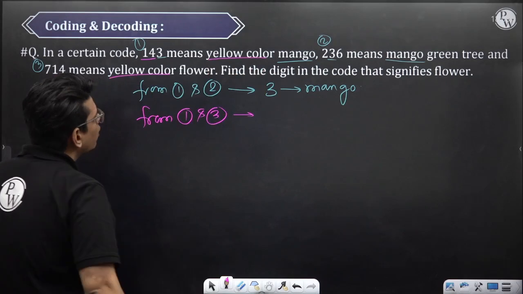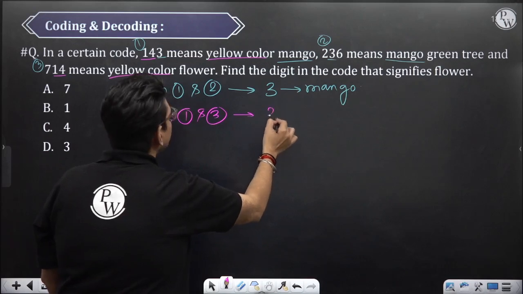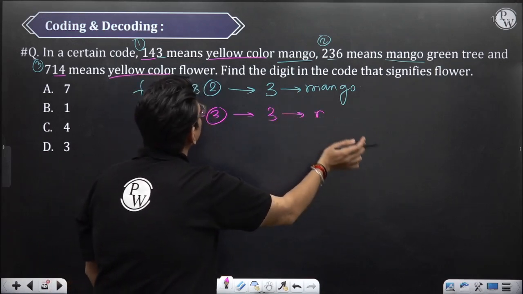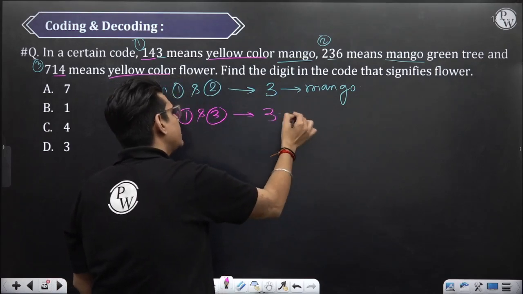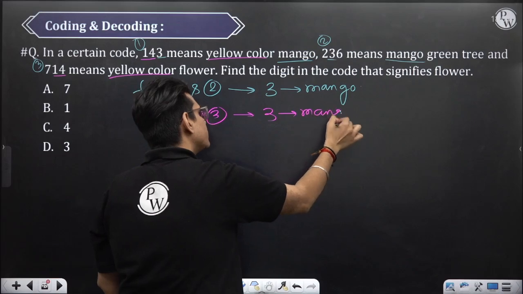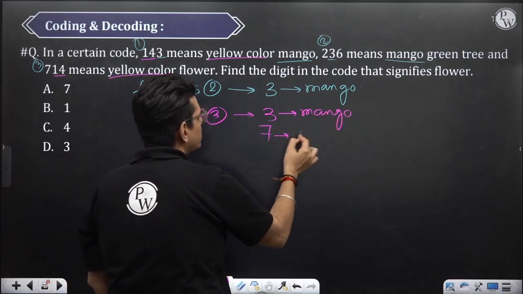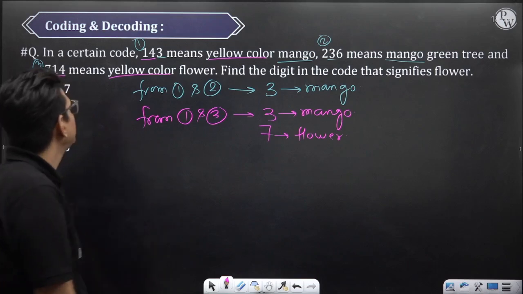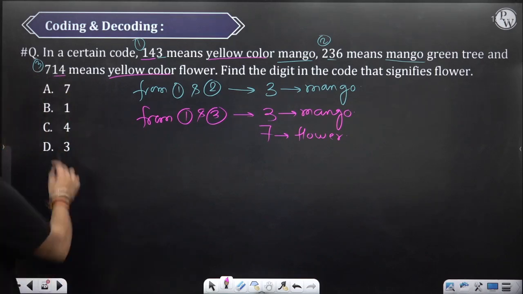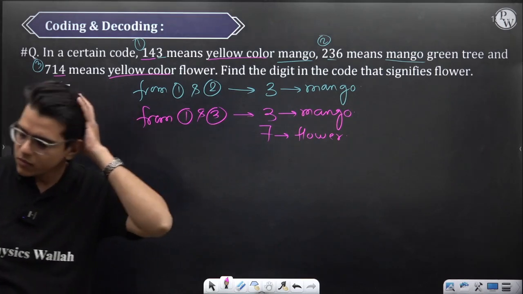So from here we can say 3 is your mango. That is directly done already. From here also we can say 3 is mango and 7 is flower. This is our answer. So 7 is our flower. So answer is A. This is the third type of coding.